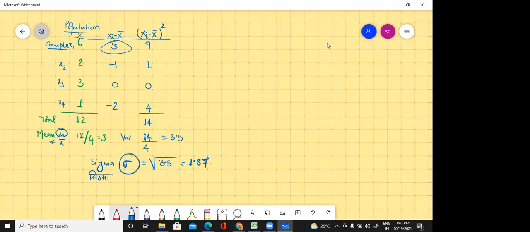Standard deviation gives an estimate, a measure of how spread out the data is.